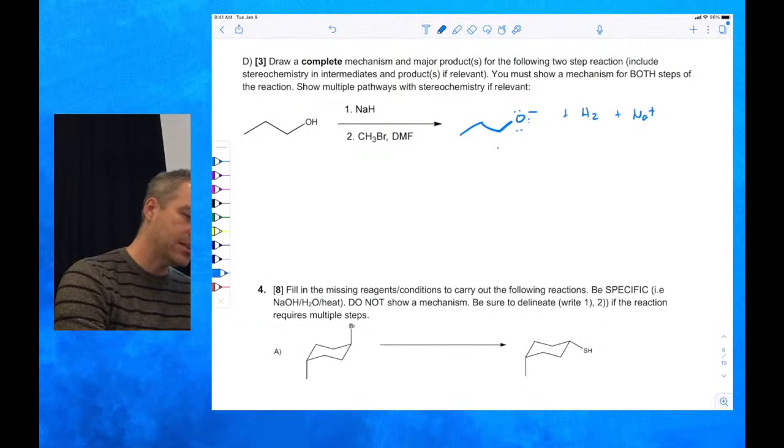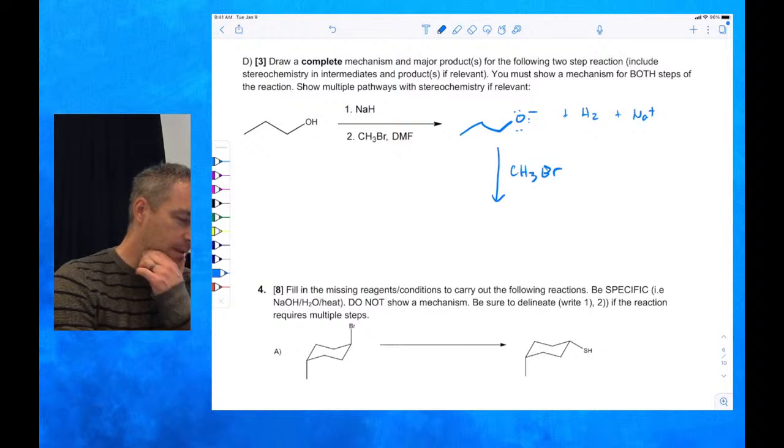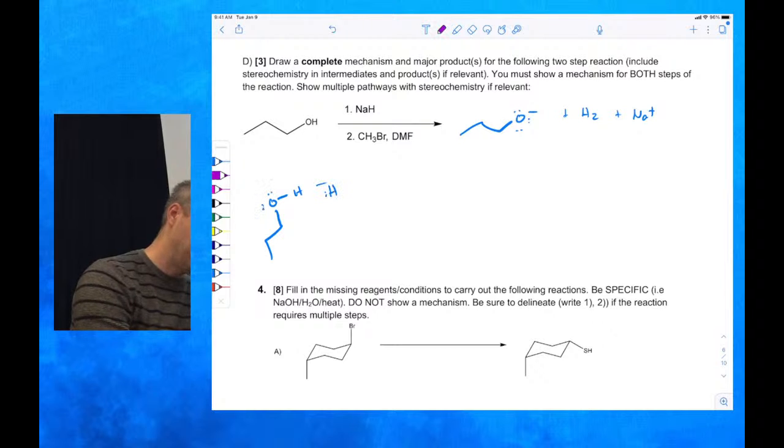Now we have an alkoxide, and we want to react this with CH3Br. I guess they want the mechanism here, don't they? And by they, I mean me. Well, the first one is just, I'm going to make it vertical. H minus.